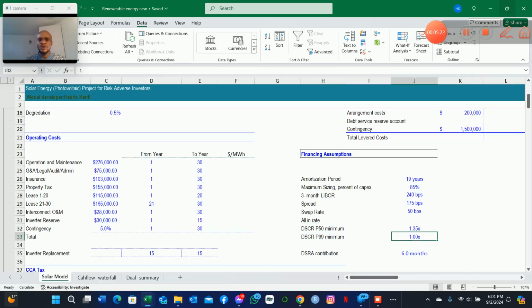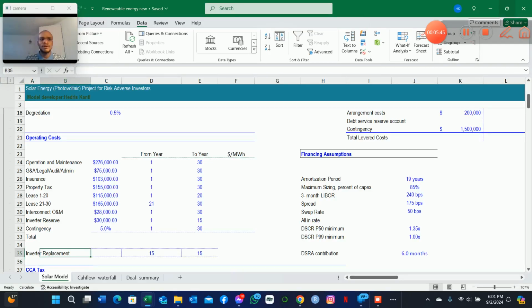So your P99 EBITDA needs to cover at least one times the principal and interest for the lenders to be comfortable to lend you the money, so you don't have to breach this covenant. So that's exactly what this is talking about.